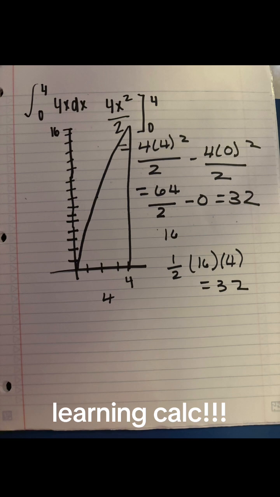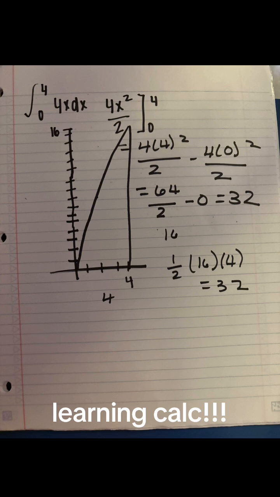So you plug in 4 to the integrated, and then you plug in 0 to the integrated, and you subtract. So it's 4 times 4 squared over 2 minus 4 times 0 squared over 2, which will equal 64 over 2 minus 0, which will equal 32. So your answer for this is 32.